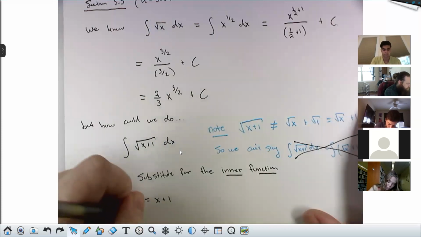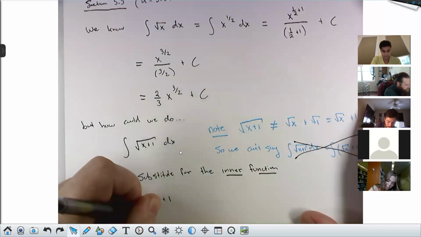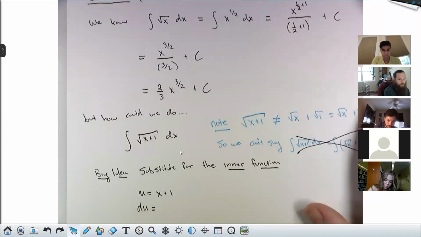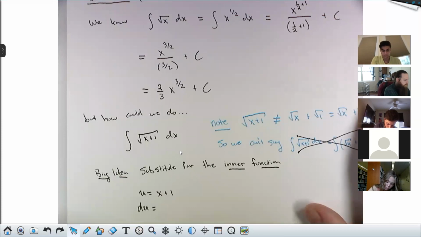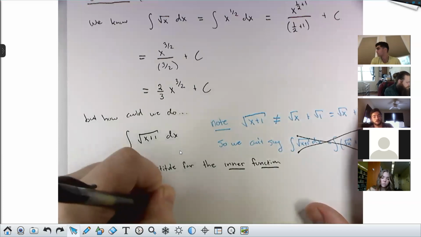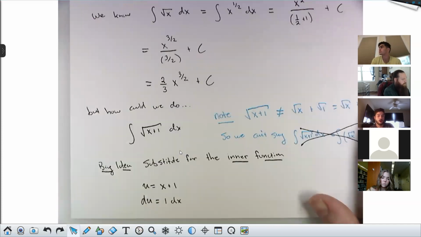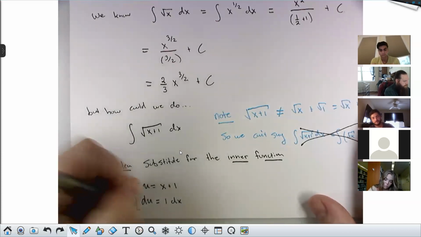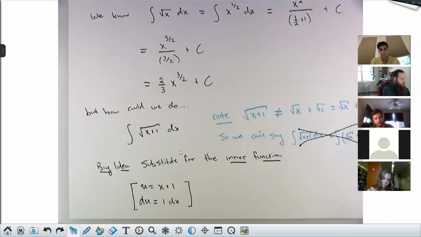The way you do that is by calculating the differential, du. The way you calculate a differential is by differentiating this and then multiplying by dx. So du is 1 dx, because the derivative of x plus 1 is 1 plus 0. And I'll make another note here.